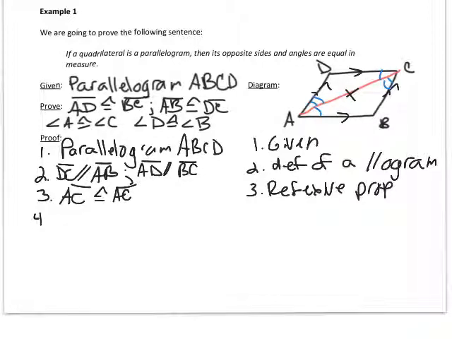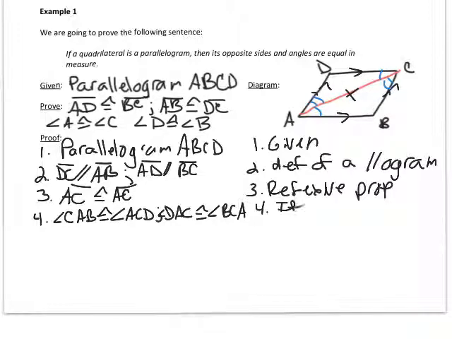I'm going to say angle CAB is congruent to angle ACD, and the other one, angle DAC, is congruent to angle BCA. Okay, because if parallel lines are cut by a transversal, then alternate interior angles are congruent.